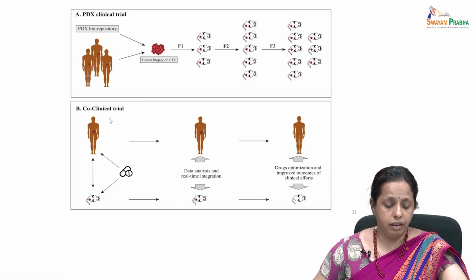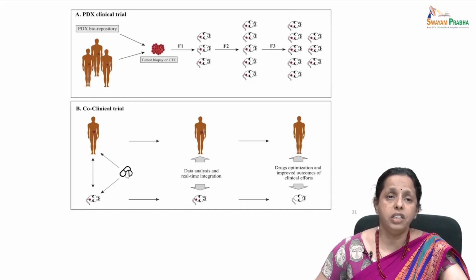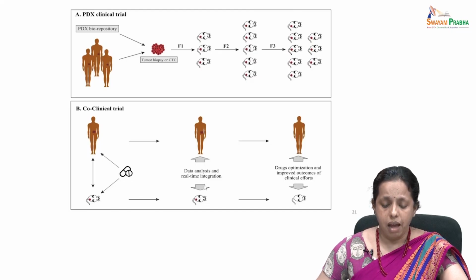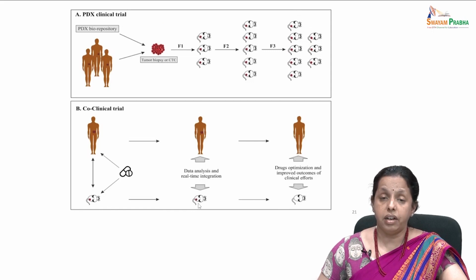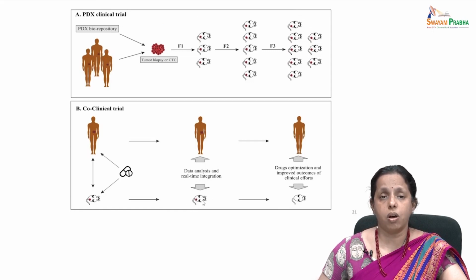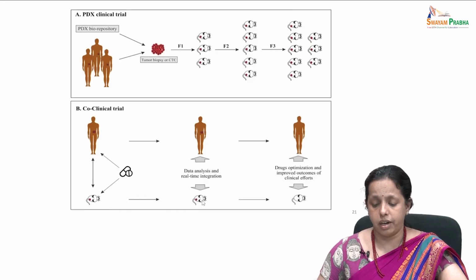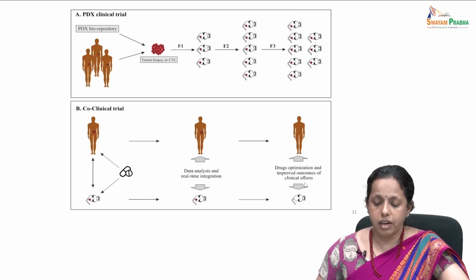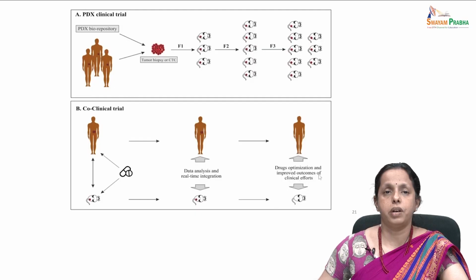Whereas in the co-clinical trial of the mouse models, the same therapeutic or a combination of a novel therapeutic is given to the patient alongside the mouse model. So a typical data analysis and real-time integration happens where the mouse response to the drug is also studied, and any biomarker expressions, different genes or novel variants expressed are also studied.